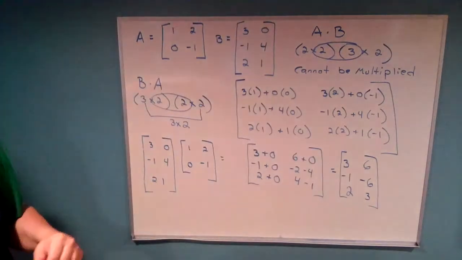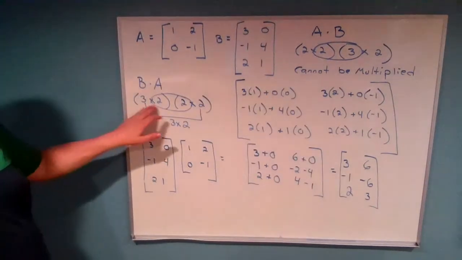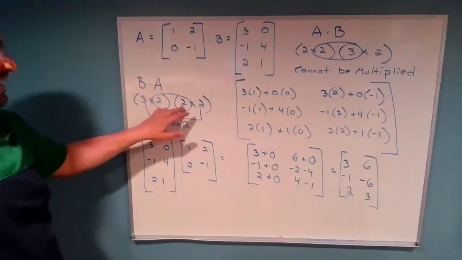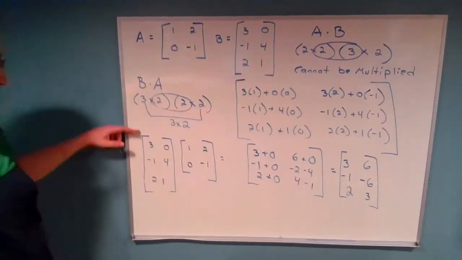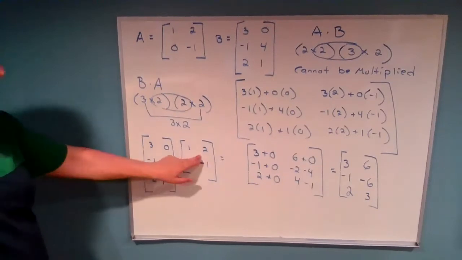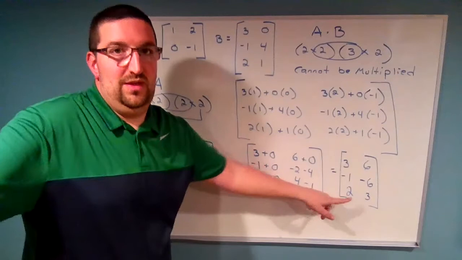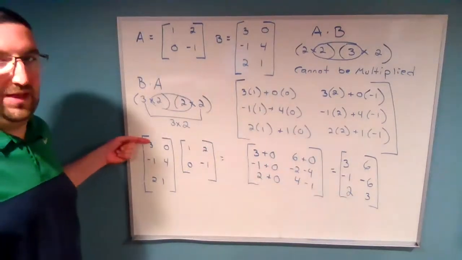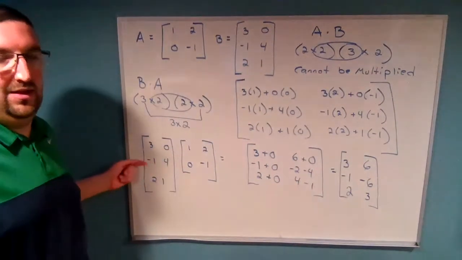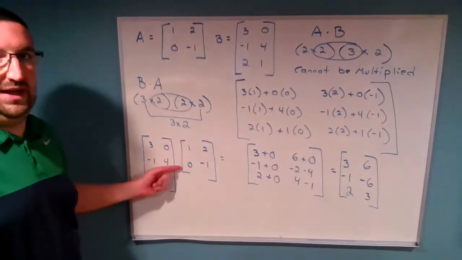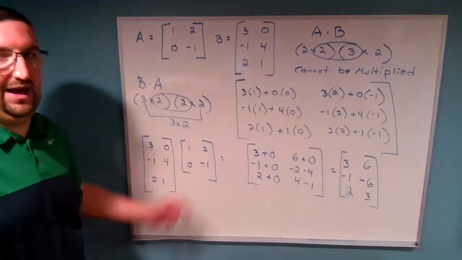So we have a 3 by 2, so B times A, so 3 by 2 times a 2 by 2. We have a 3 by 2 times a 2 by 2 results in a 3 by 2, when we multiply row by column, then row by column, row by column, row by column.